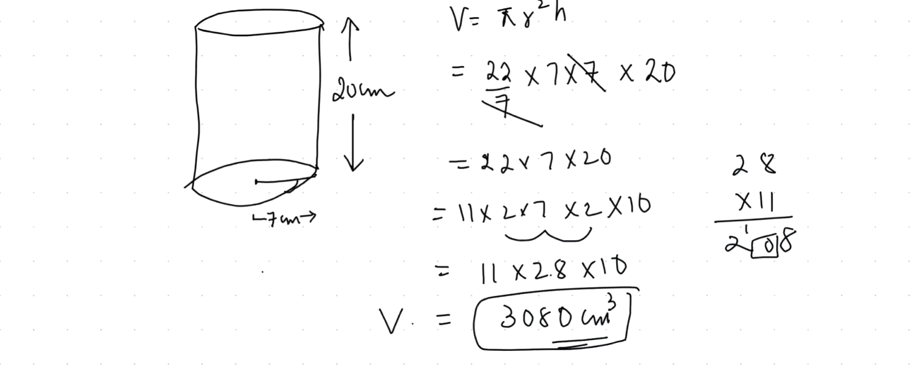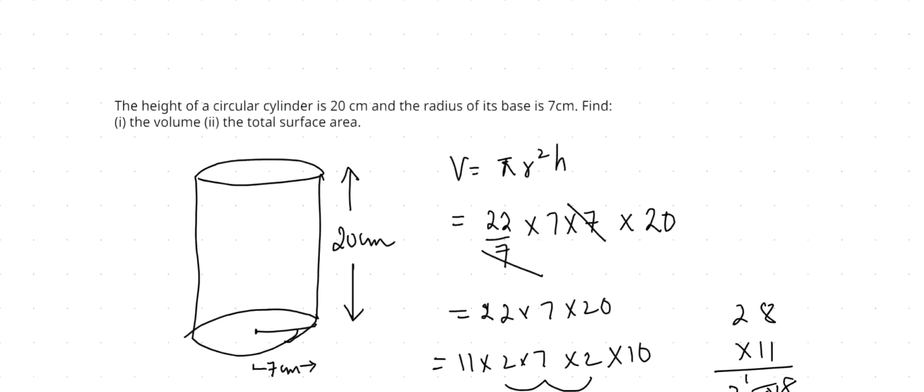The volume, just calculate pi r square h for a cylinder. So again here, they've given the height is 20 centimeters, radius is 7. If I give diameter, you should be able to extract the radius.